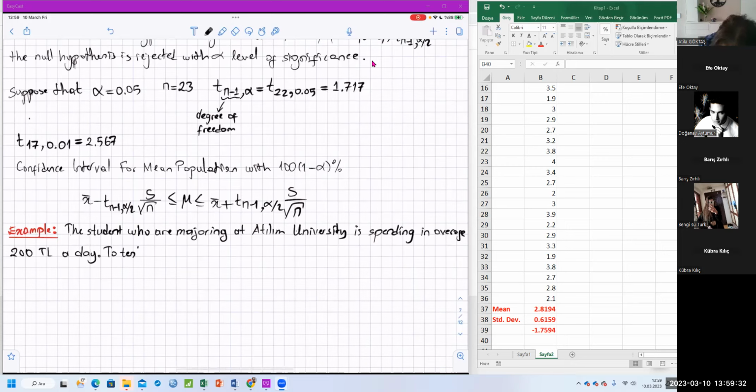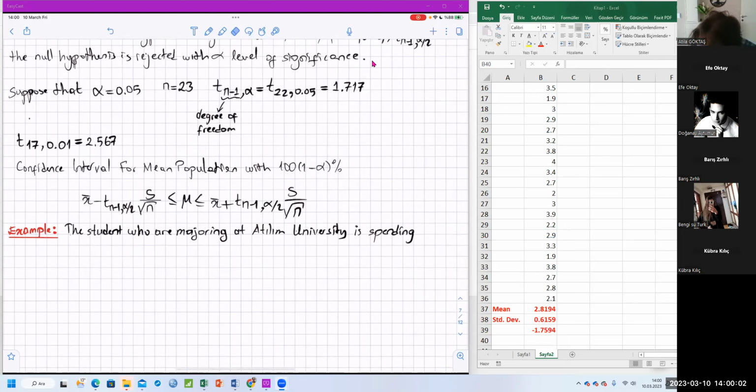To test such a statement, spending less than, let's say, spending less on average. I will change the sentence. Okay, rewrite back.